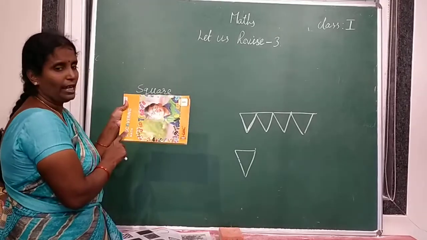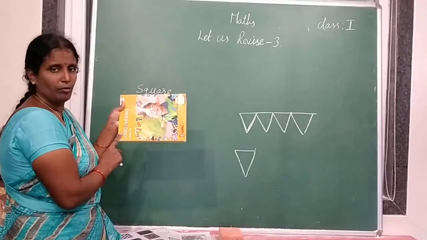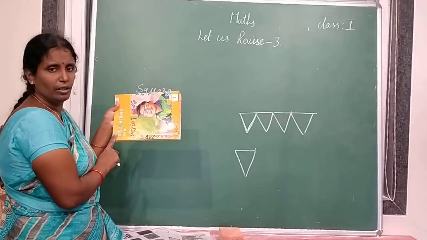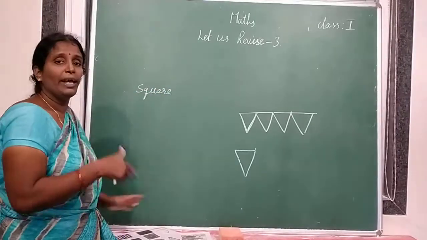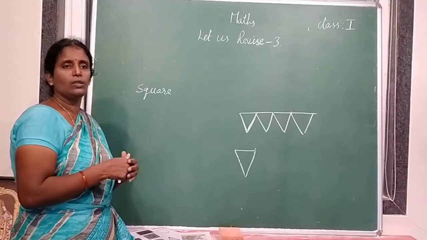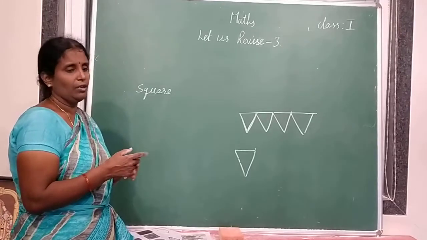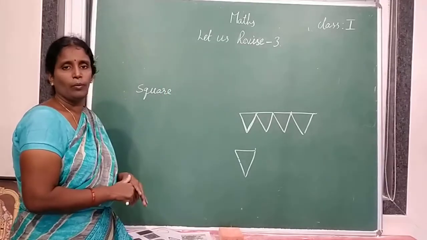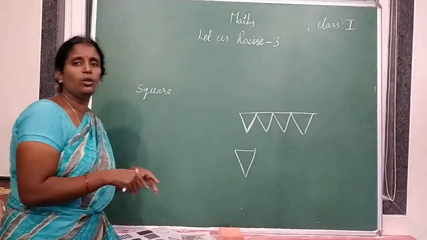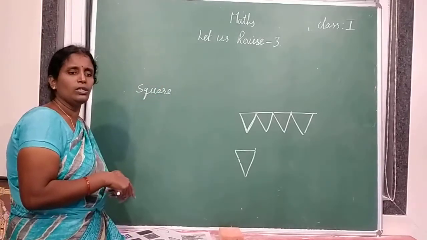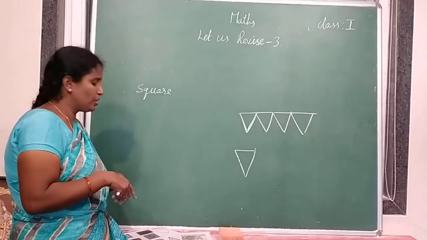Textbook looks like a rectangle. Understood? Does it look like a rectangular shape or not? Yes. And mobile phone also looks like a rectangle. TV screens also look like a rectangle. Doors. So all those are in rectangular shape.